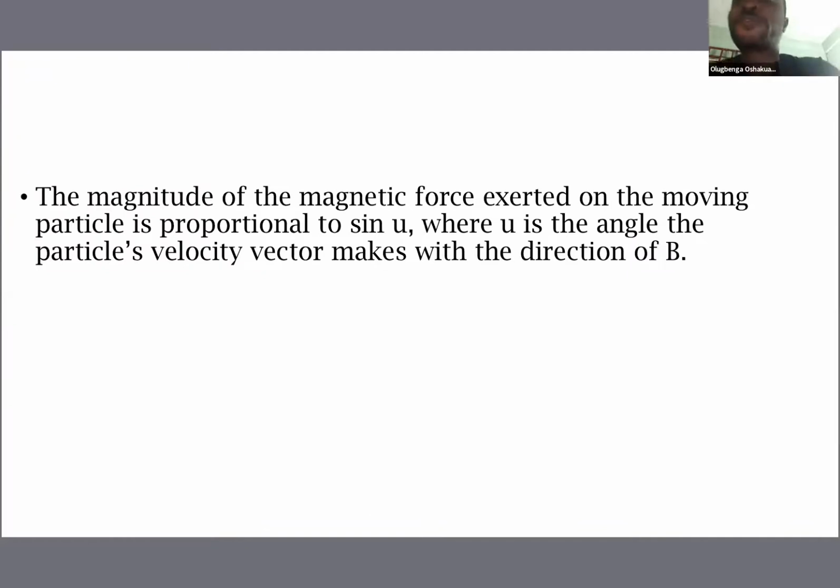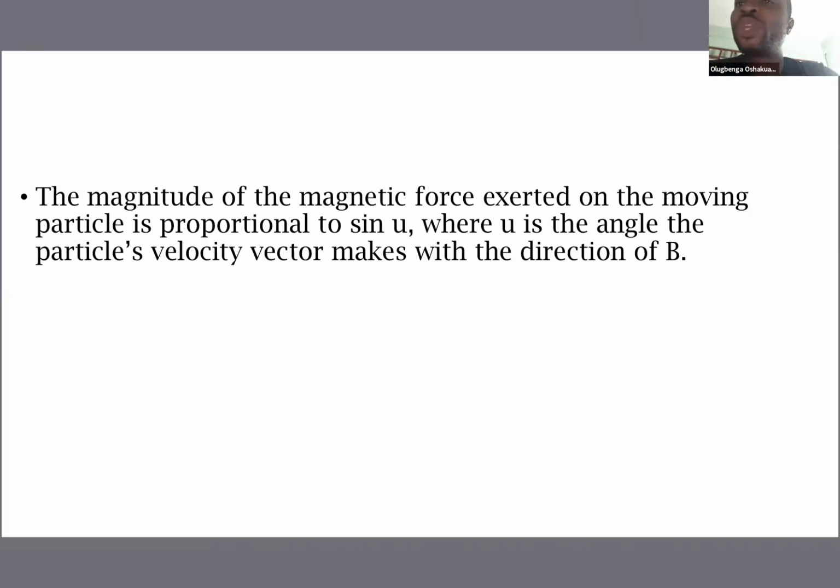The magnitude of magnetic force exerted on a moving particle is proportional to sine theta, where theta is the angle between the particle's velocity vector and the direction of B. Let me try to put that in a diagram.